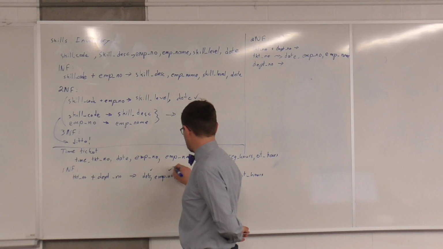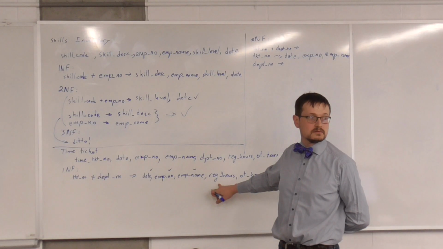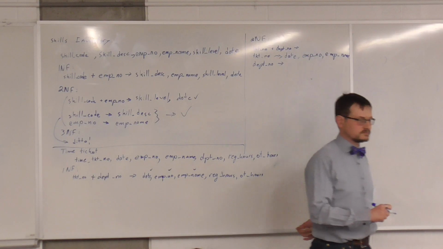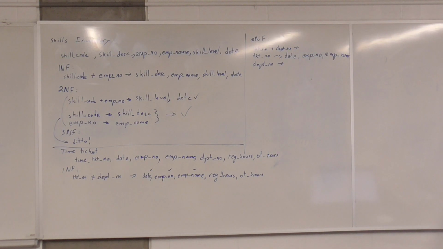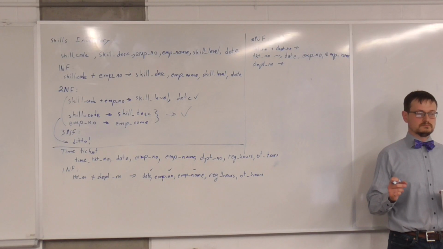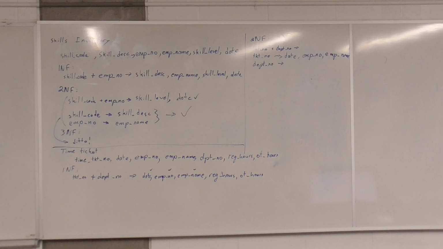Now, what about, so we've done that one, done that one, done that one. How about regular hours? What's that dependent on? Because you said that there's implicit grouping being done, there's only one department number being put on there, then regular hours is dependent on department number. It's dependent on department number, yes. Is it also dependent on ticket number though? Oh, yes. It would be, right, because on a different ticket, we might have this as a 3, right?